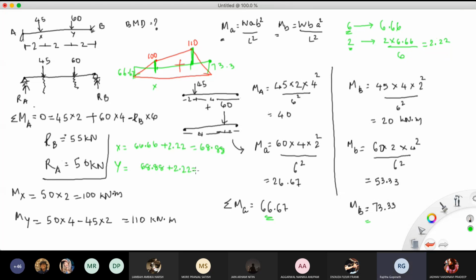Yeah, so that becomes 71.11. और थोड़ा और 2 मीटर आगे गई तो 2.22 increase होगा. So at y, if I add 2.22, then I will get 73.33, which is the final number on B, MB, right? So these are these negative numbers here.